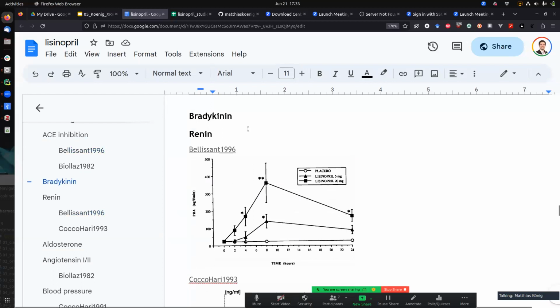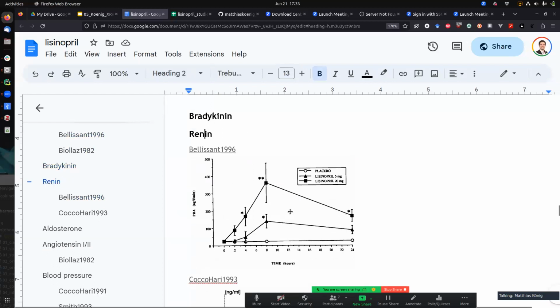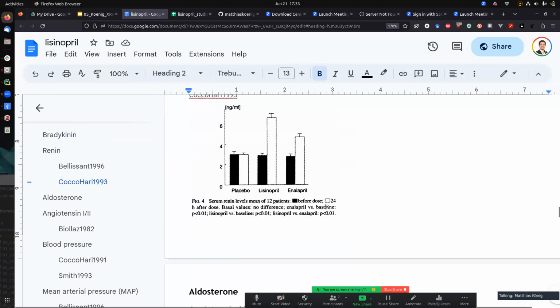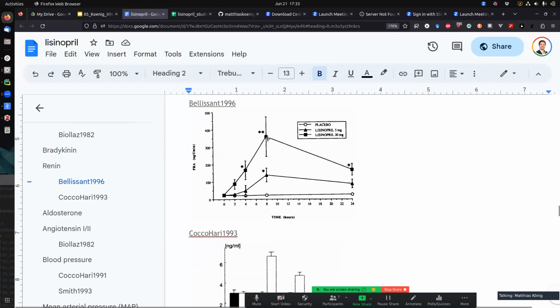Other things like renin and so on, we also see very nice changes here, like the percentage change and the pretty big effects. That's always important to have a good model, or one which is useful somehow. The effects have to be big enough, and often, if the error bars don't overlap, this is, I would say, pretty good data for a computational model.